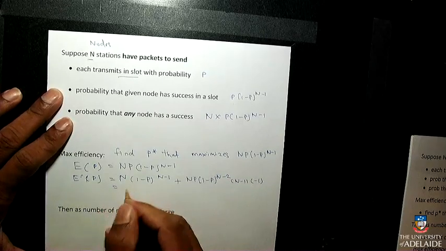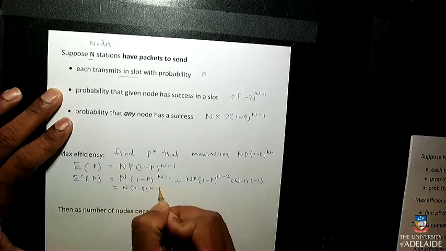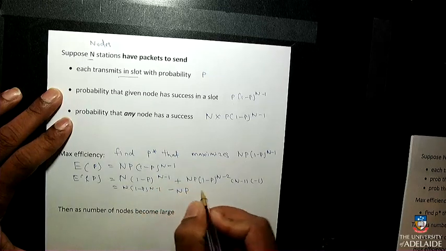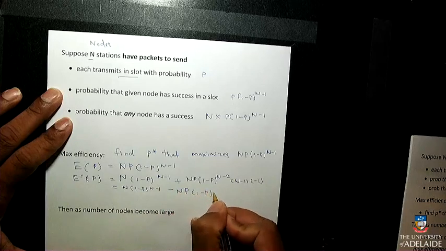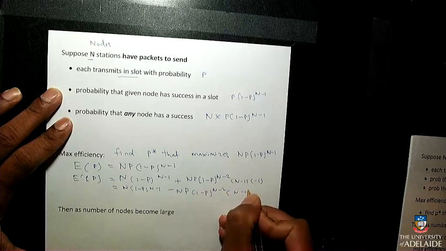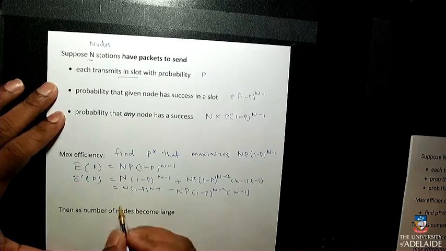So simplify things a little bit: n into (1 - p)^(n-1) minus np(1 - p)^(n-2)(n - 1). So it's helpful, but it's not helpful for us to find when the derivative is equal to 0. So I need to factorize this thing into something a little bit more useful.